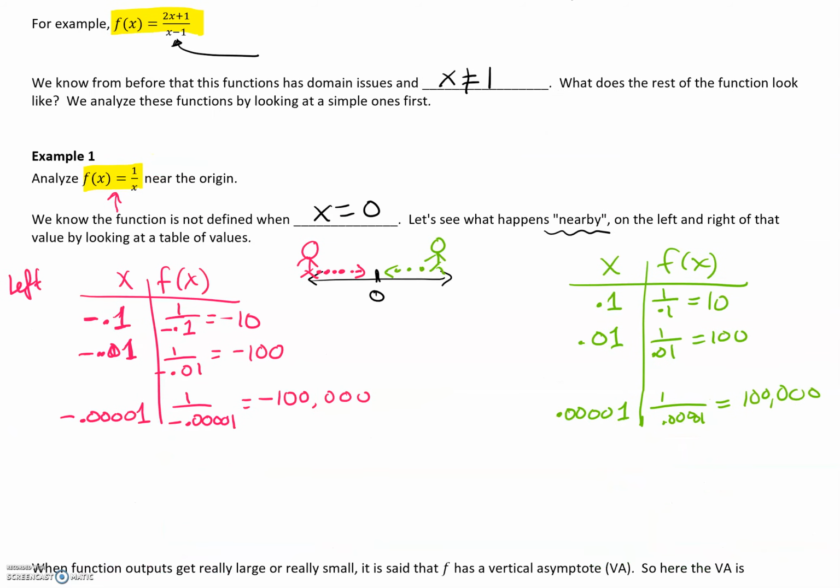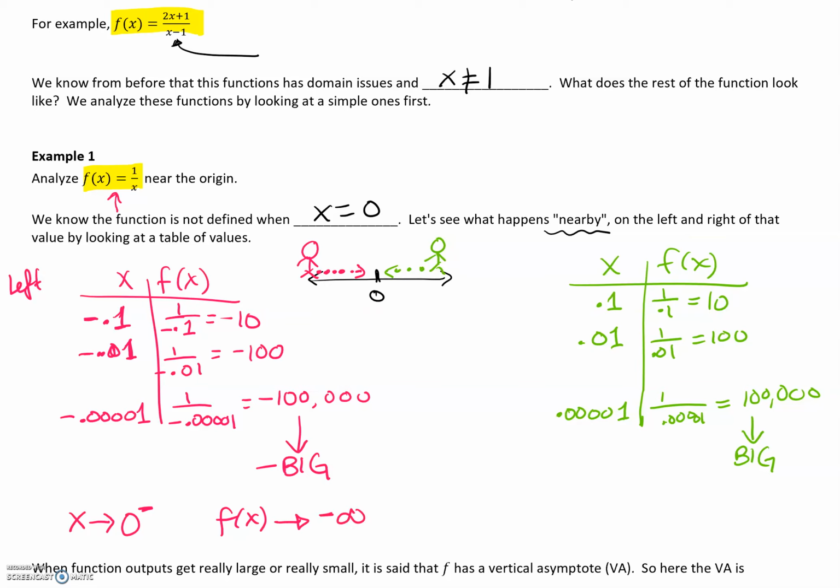So we imagine that as we get closer and closer to 0, this is going to go to a big negative number, and this is going to go to a big positive number. Mathematically, for the left side, as I go to 0 from the left, my f of x is blowing down to negative infinity.